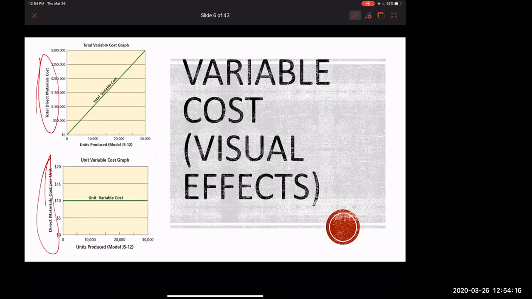So it's saying as I produce more, as I go along the x-axis, as I produce more units, my total direct material cost is steadily increasing, right? Okay. And so then if I'm looking on a per unit basis, looking at my total units produced, as I produce more units, my direct material cost per unit does not change.